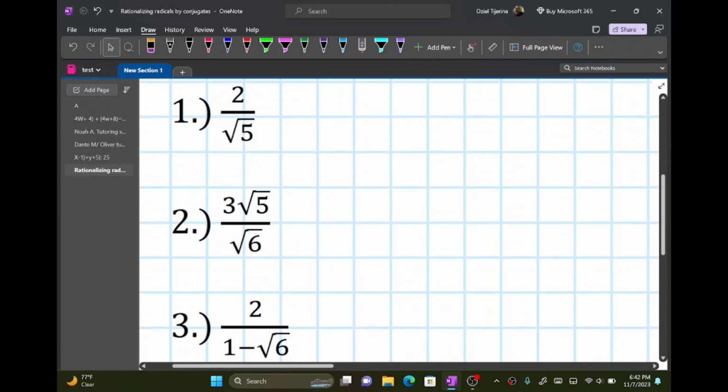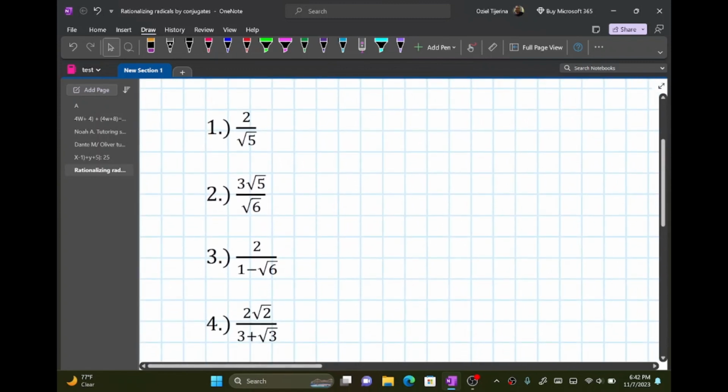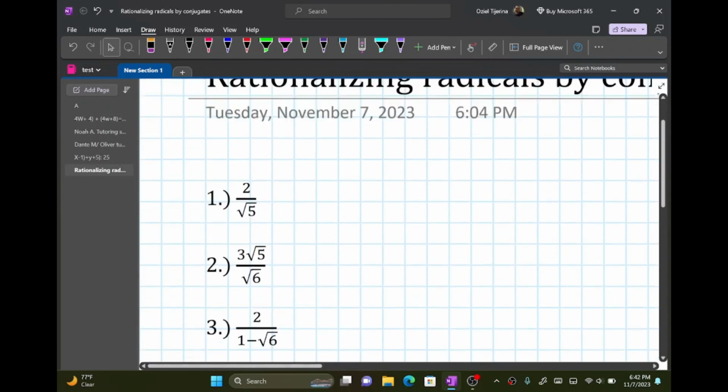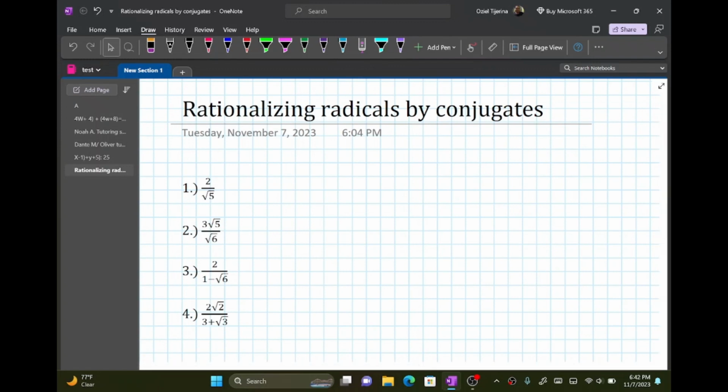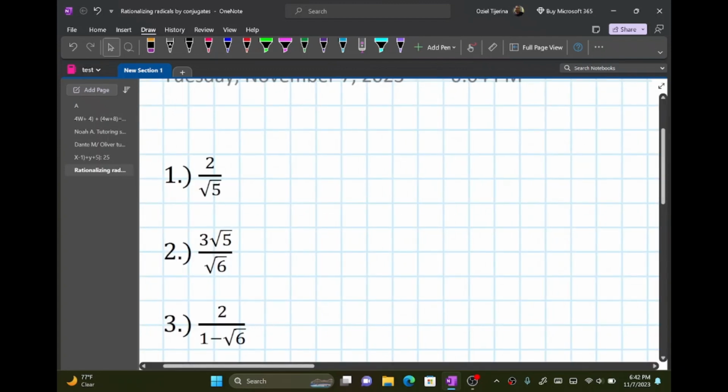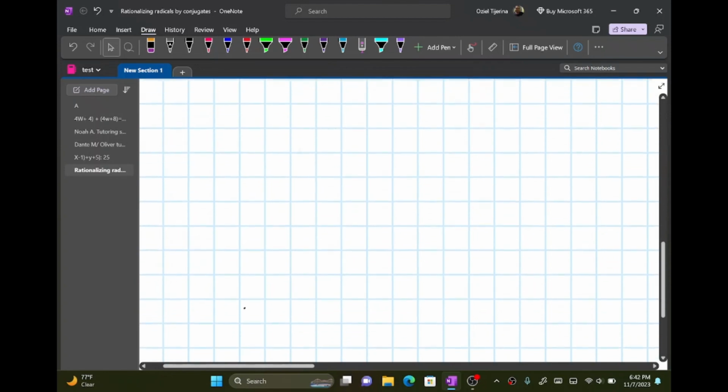But I wanted to show y'all how to rationalize radicals, or simplify radicals by rationalizing the denominator, and also the idea of conjugates. So, in other words, taking the conjugate. There's a difference between the two, but let's go ahead and get started.